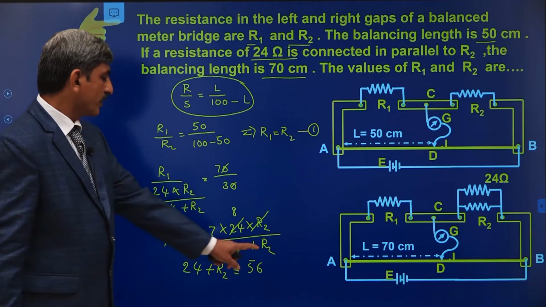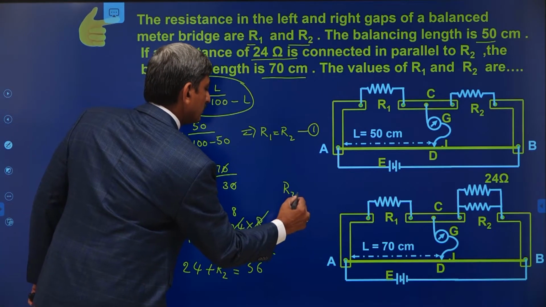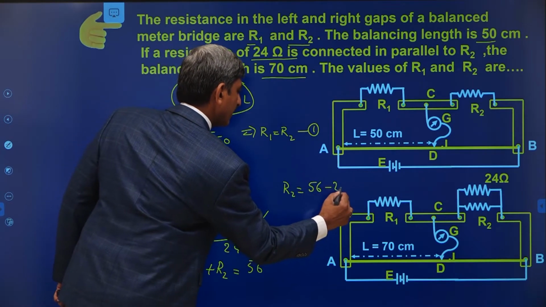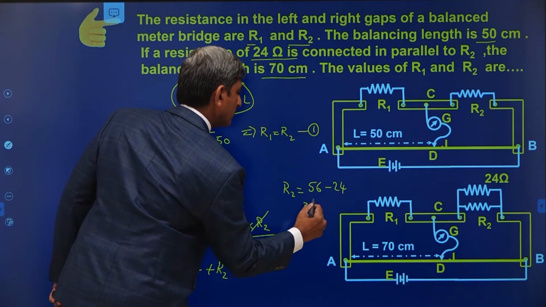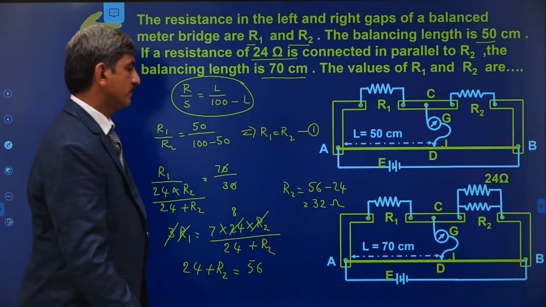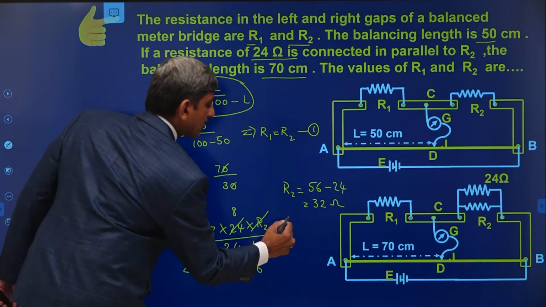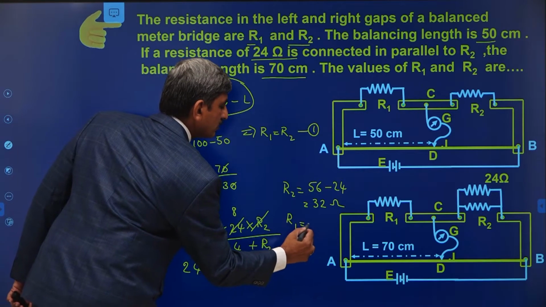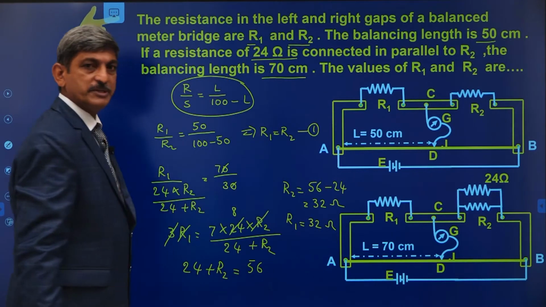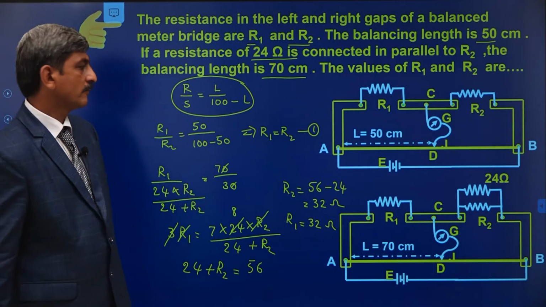Now by taking this 24 to that side, we have R2 is equal to 56 minus 24, that is equal to 32 ohms. If R2 is equal to 32 ohms, then R1 is also equal to 32 ohms. Why? Because from equation number 1 we have R1 is equal to R2.